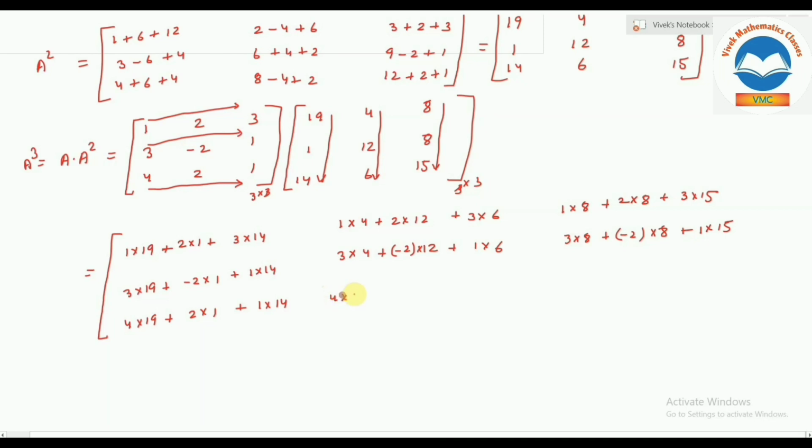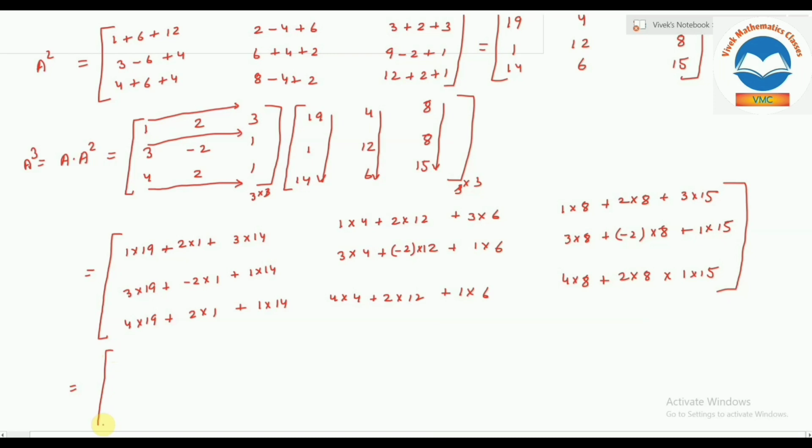So you will get 4 into 4 plus 2 into 12 plus 1 into 6. Next third row, third column. So 4 into 8 plus 2 into 8 plus 1 into 15. So this will be our A cube matrix.